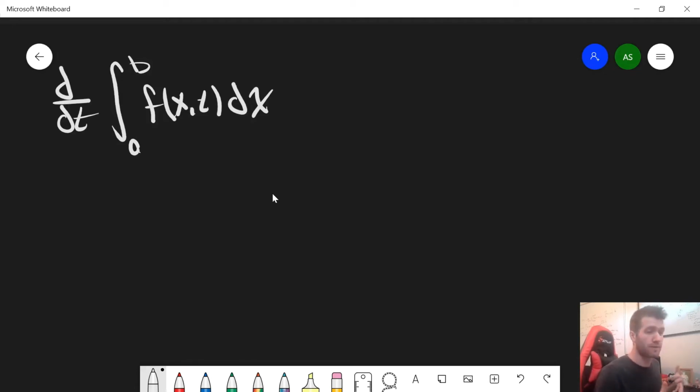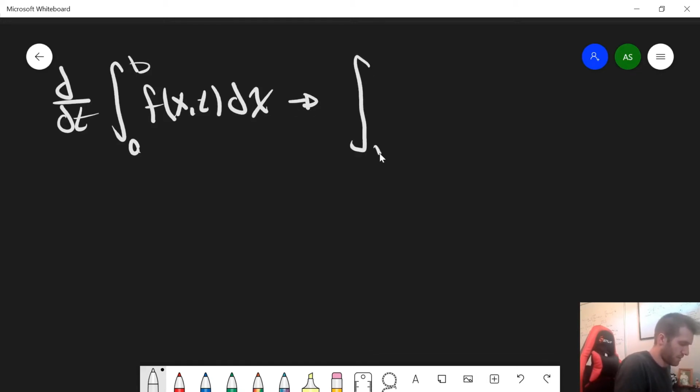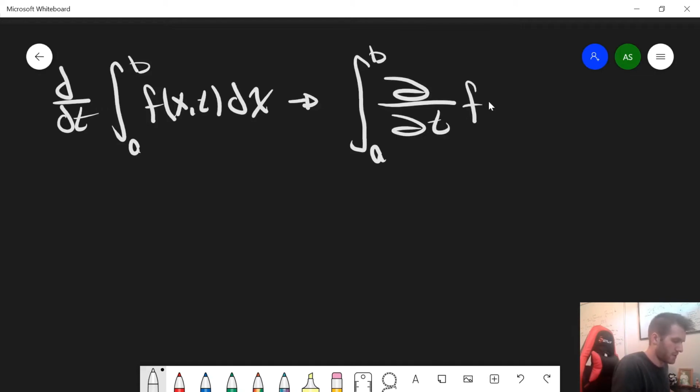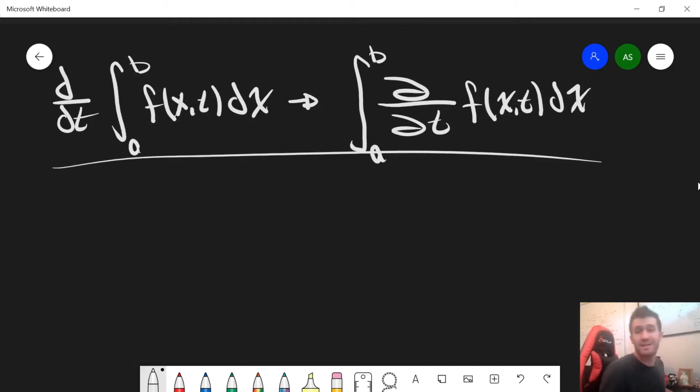So it's called differentiating under the integral sign, which gives you some integral from a to b. And because you're working with two independent variables, you are going to be using partial derivatives. So bring that inside, you have a partial derivative with respect to t of our function of x and t with respect to x. So that's what it says.